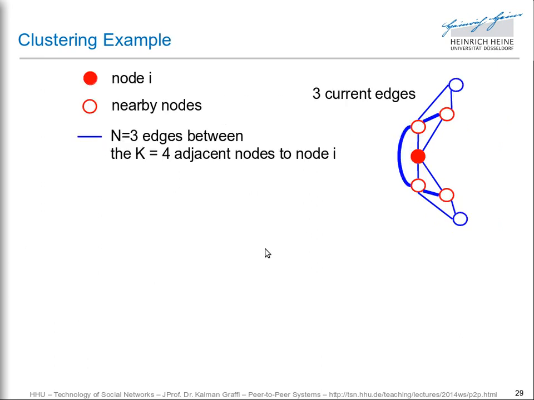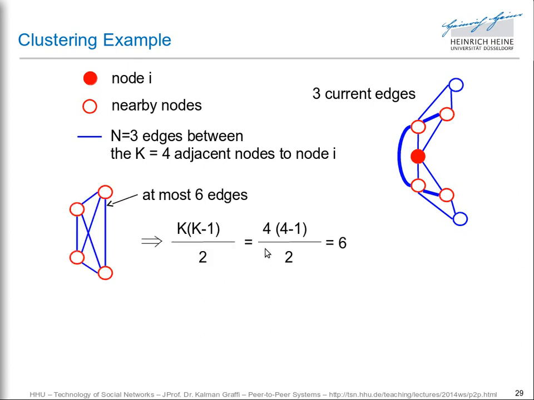We have the example here again. Okay, I will go through this fast. Yes, we have these 3 current edges. This is the upper part.